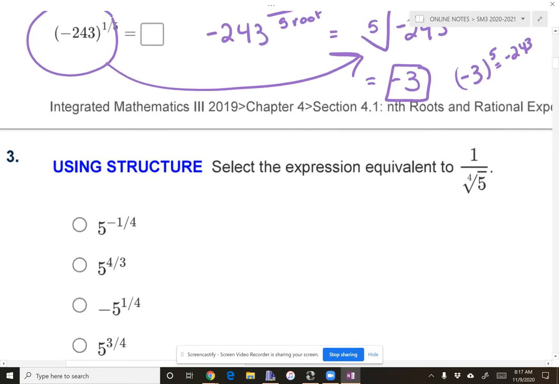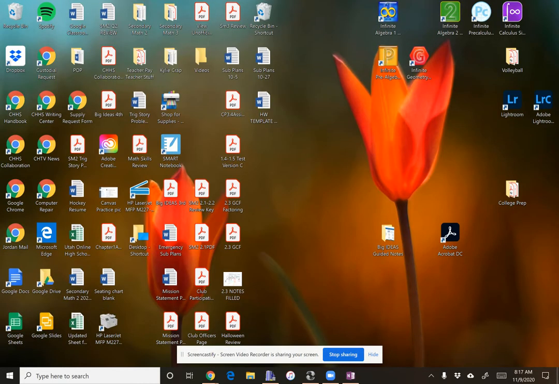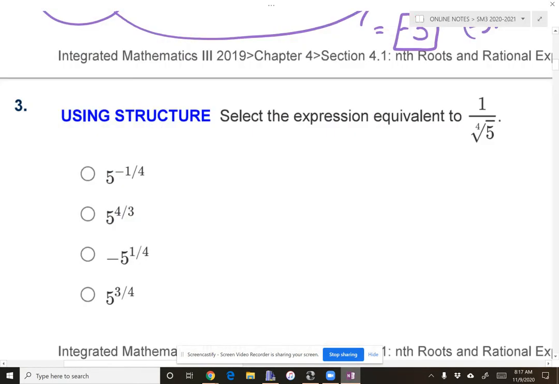So, number 3, it says select the expression equivalent to 1 over the 4th root of 5. So, couple things. First thing you should notice is that this is on the bottom. Okay? And what that means is if it's on the bottom, we're going to have a negative power.